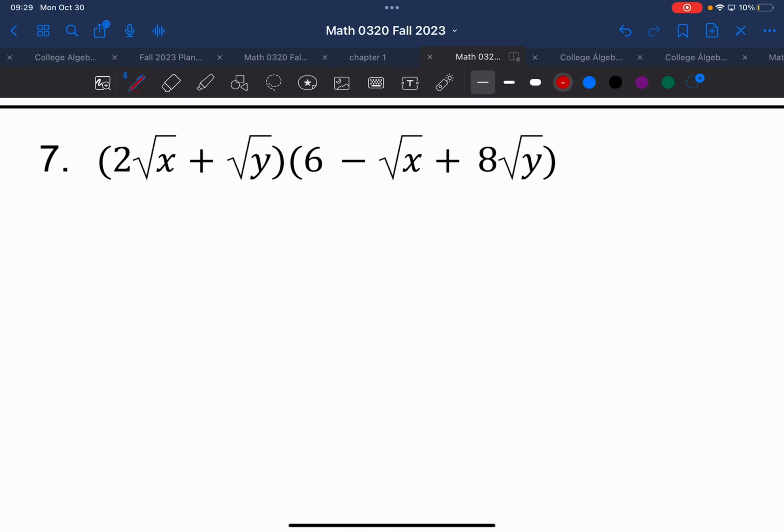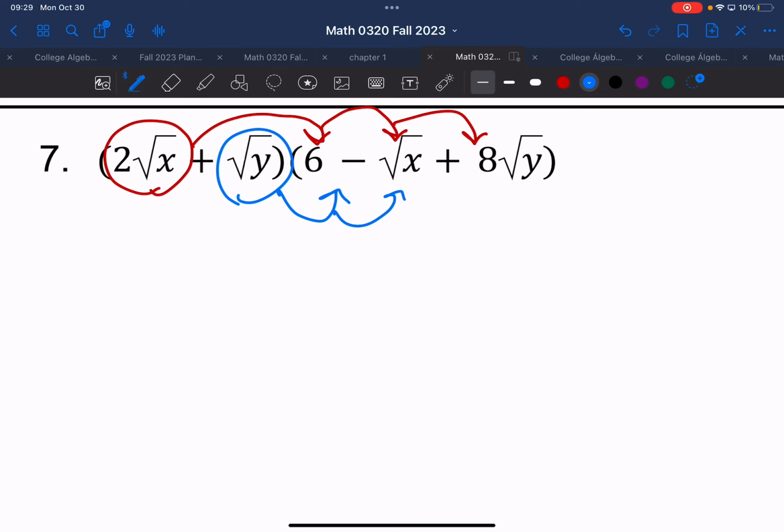So for the first part, 2 square roots of x is going to multiply by each term inside. So this time there's 3 things that the first term is being multiplied by. Same with that square root of y. It's going to be multiplied by each of those 3 terms.